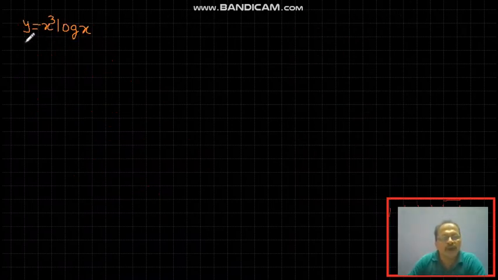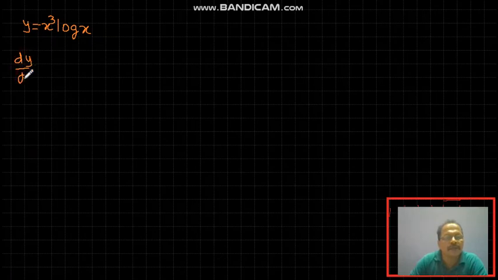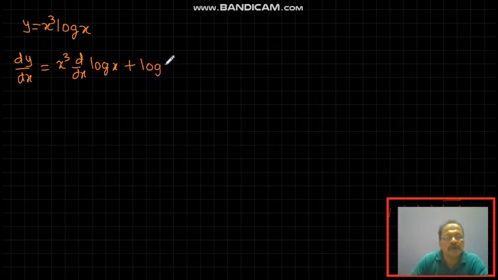Suppose y equals x cube log x, then the first derivative dy by dx is x cube into derivative of log x plus log x into derivative of x cube.